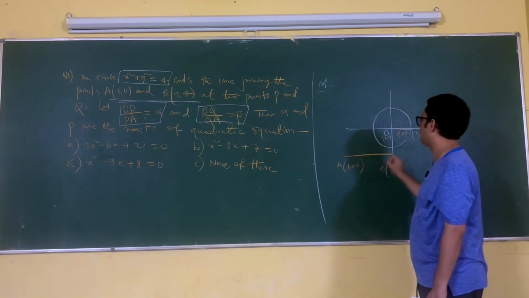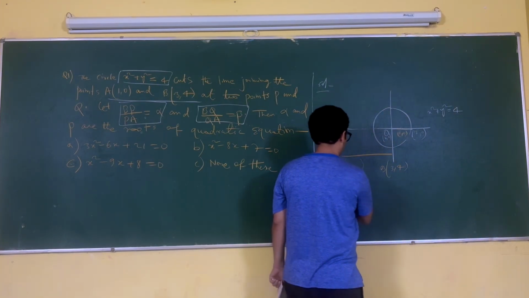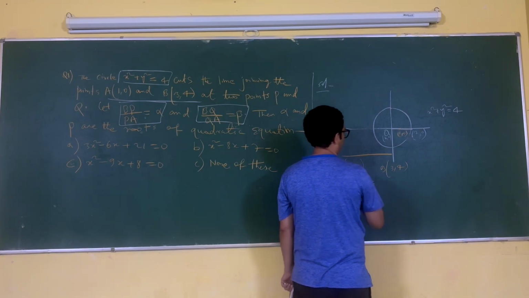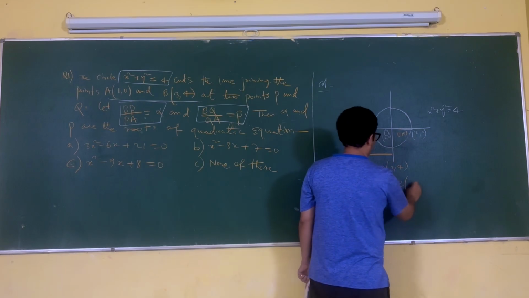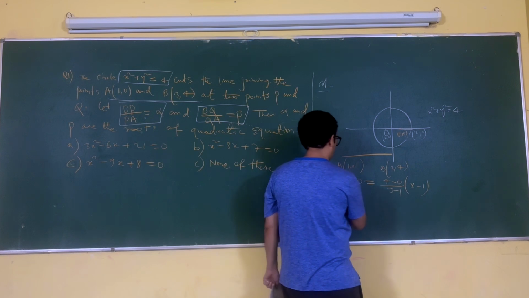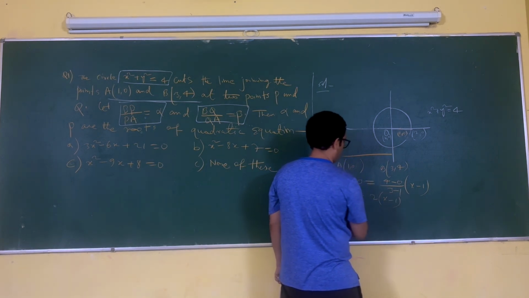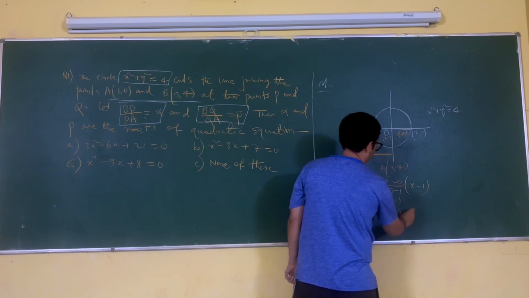So if you take this, the equation of the line will be y minus 0 is equal to m, that is, 4 minus 0 upon 3 minus 1, into x minus 1. So it would be y is equal to 2 times x minus 1, so y is equal to 2x minus 2.